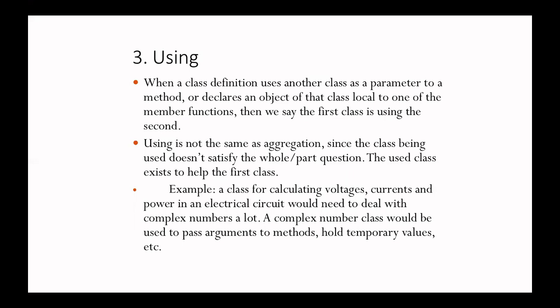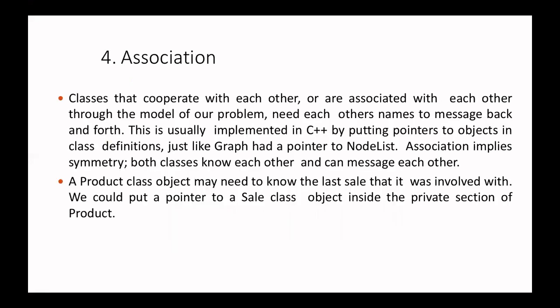The whole class exists to help the first class. Example: a class for calculating voltage, currents, and power in an electrical circuit would need to deal with complex numbers a lot. A complex number class would be used to pass arguments to methods, hold temporary values, etc.